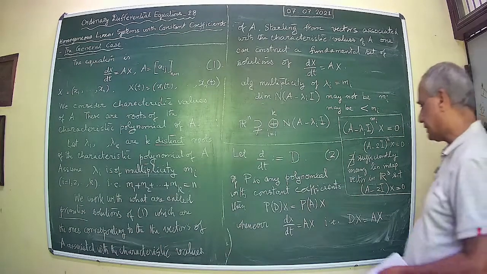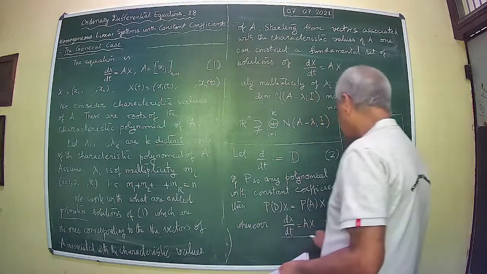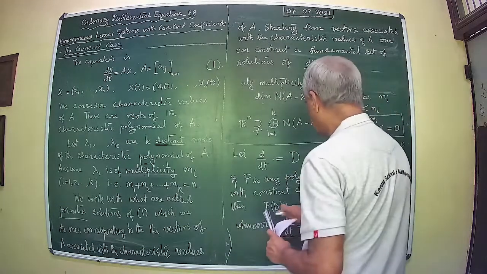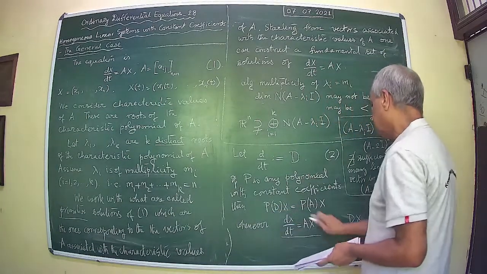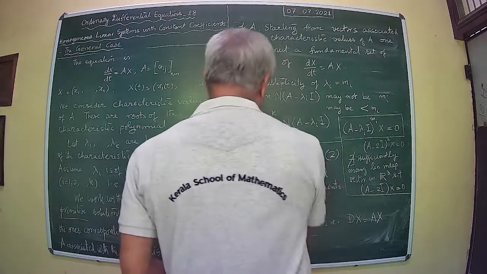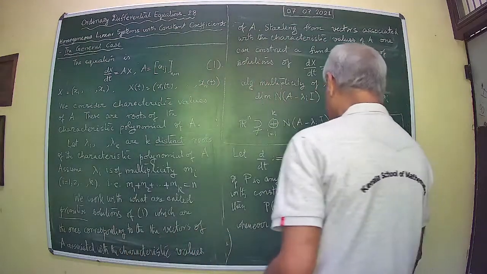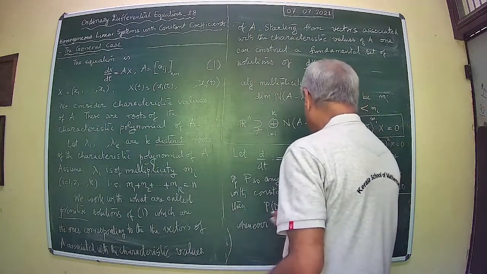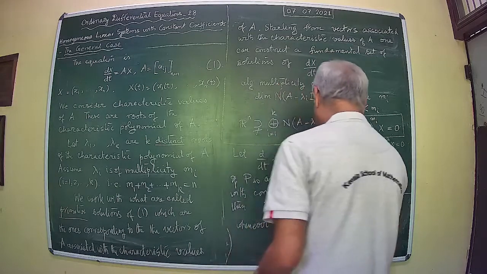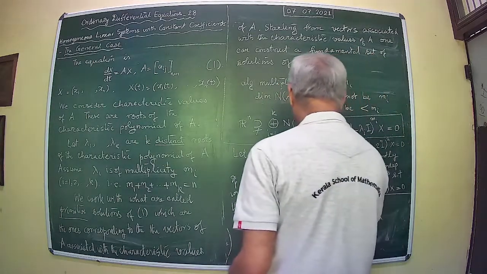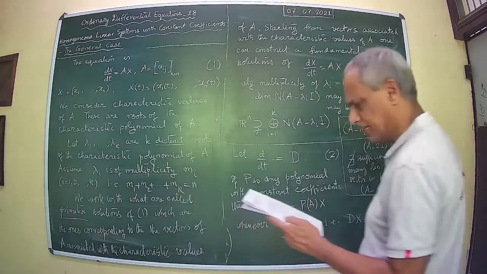So whenever x is a solution of this equation, then you see that P(D)x is equal to P(A)x. Now this is very easy to work out, okay, right? So you take P(D) and operate on this, apply dx/dt equal to Ax, then you get the polynomial emerging here, and this is what you get, and that's very simple to verify.